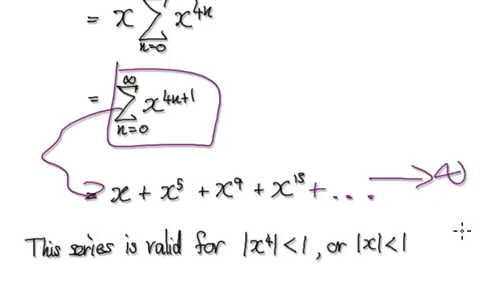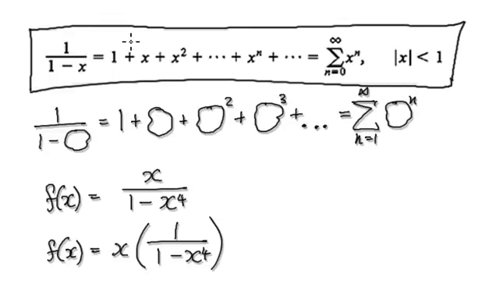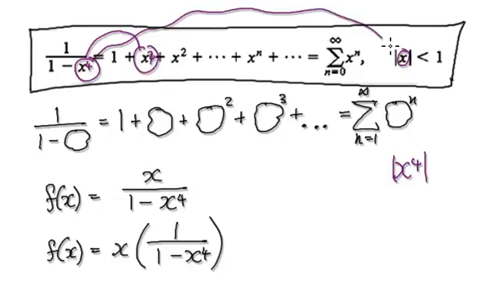And then this series is only valid when this thing is less than 1. Because if you go back to here, it's saying this series is only valid when this thing here, which happens to be x to the power 4, has absolute value less than 1.